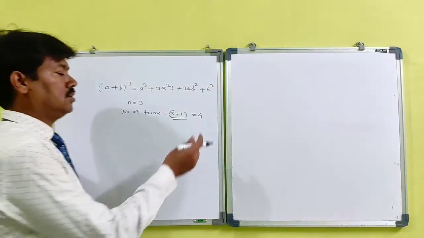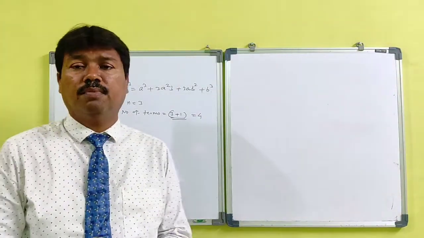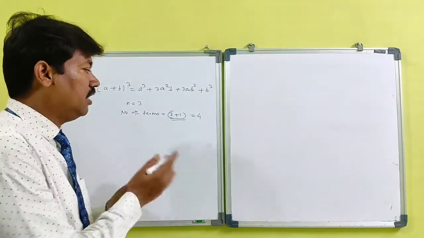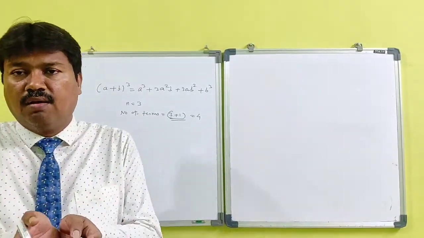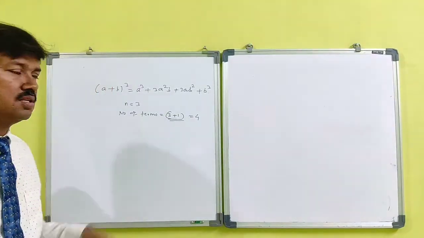When the total number of terms is 4, we cannot find a single middle term because there are 2 middle terms. Exactly, we cannot divide into 2 halves with a middle value. So there are 2 middle terms in this case.